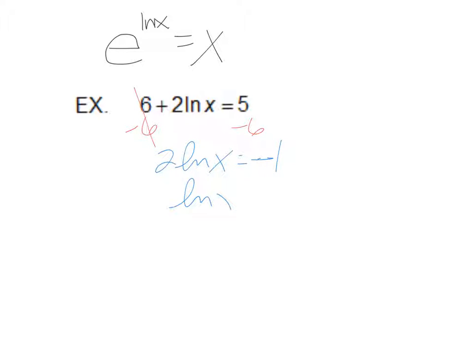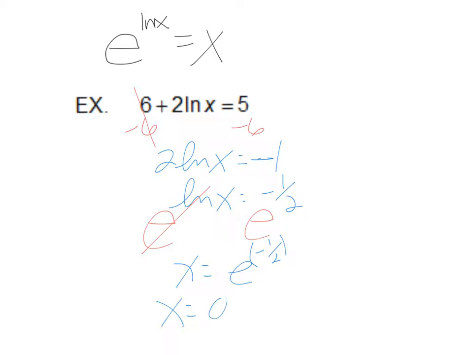So the natural log of x equals negative 1/2. Now, to get the x by itself, we have to make natural log a power of e. So we're going to do e on both sides, e to the power of, and we have x equals e to the power of negative 1/2. And you can put that in the calculator, round to 4 places, and x is 0.6065.